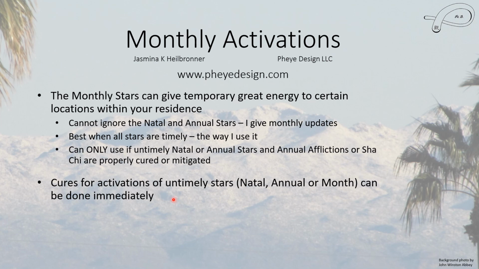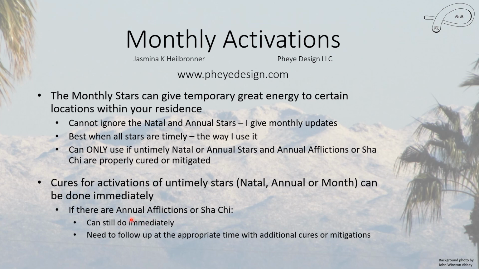Now, when it comes to curing activations of untimely stars, and it doesn't matter which one they are, you can do that immediately. If you know you've activated it, just do it immediately, the next day or very soon after.